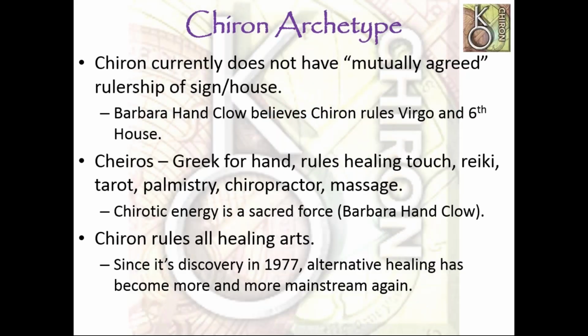Now, moving into Chiron. Chiron is not really looked at in general astrology as having any rulership of a sign or house. The most famous author who has written on Chiron is Barbara Hand Clow, and that was her book, Chiron, the Rainbow Bridge. In her research, she does believe that Chiron rules Virgo in the 6th house.